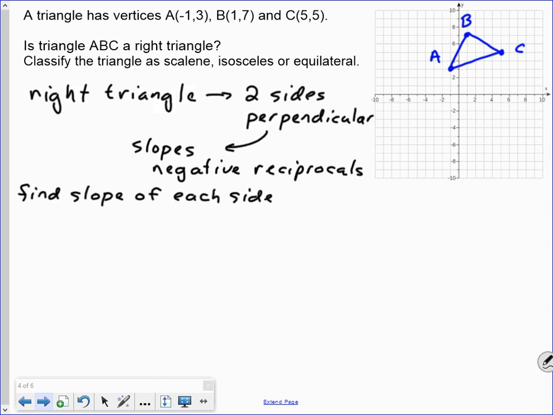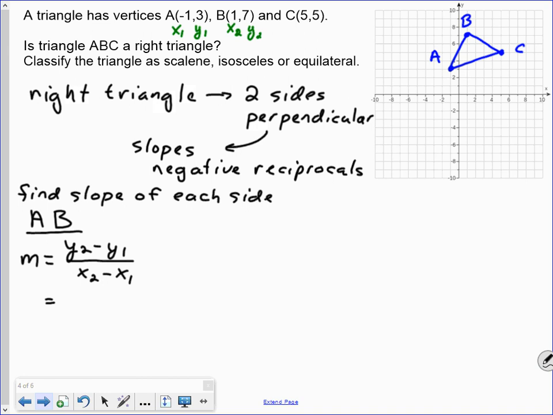When you're doing this kind of question, you want to keep everything organized. Let's do AB first because it's our first two points. I'm just going to use our slope formula: y2 minus y1 over x2 minus x1. I'm going to treat point B as x2, y2, and point A as x1, y1, and sub in those values like we've been doing in all of our other slope calculations.